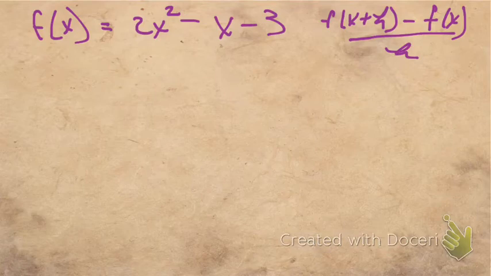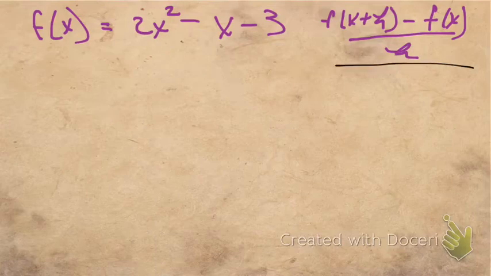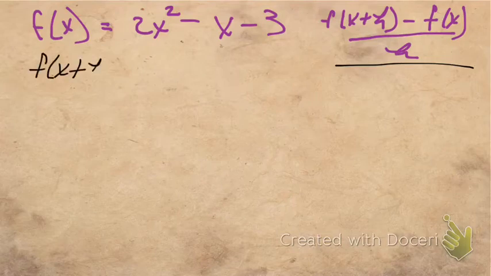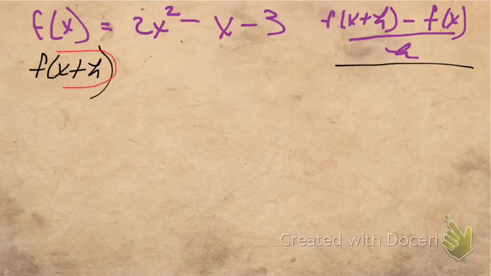Okay, so here's an example. Given the function f of x equals 2x squared minus x minus 3, find the difference quotient. So right here is the difference quotient. We're first going to find f of x plus h. If you remember from yesterday, we take our x plus h, and whenever we see an x, we put it in its place.